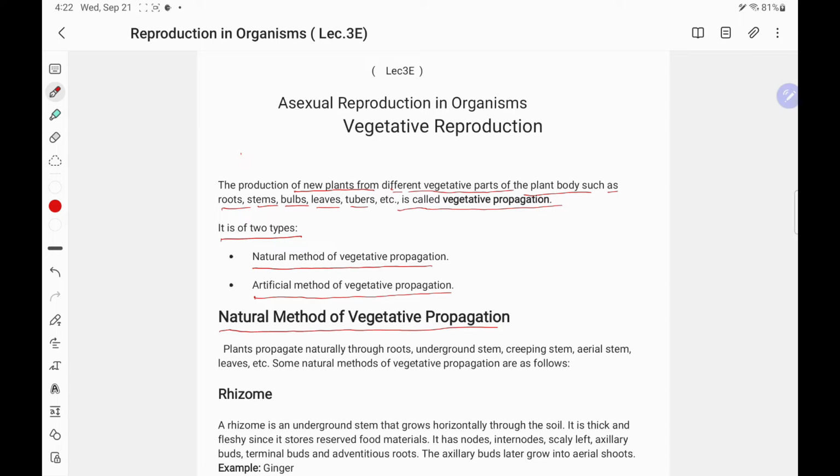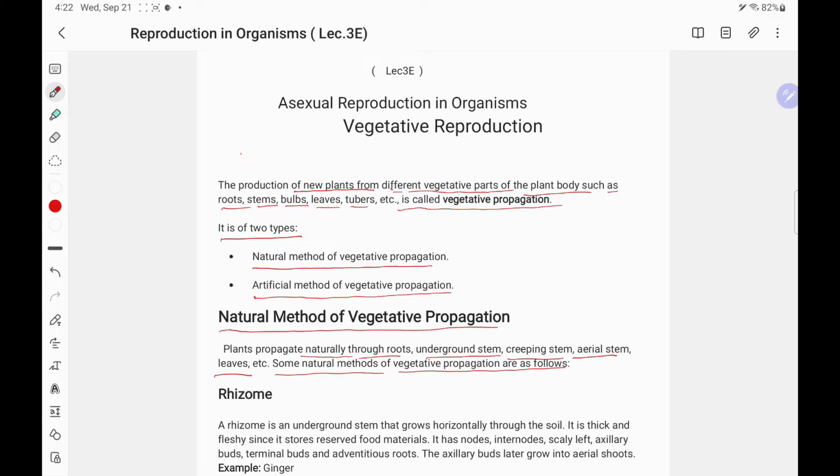What is the natural method of vegetative propagation? Plants propagate naturally through root, underground stem, creeping stem, aerial stem, and leaves.